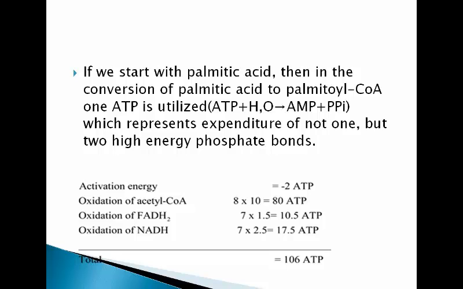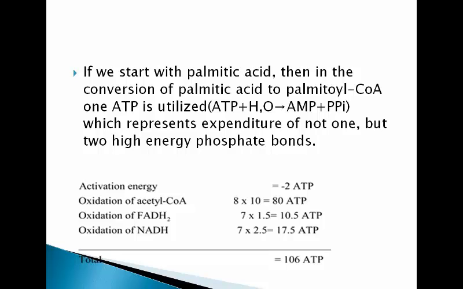So in this way, two high-energy phosphate bonds are utilized. So if we subtract the activation energy, that is 2 ATP, the net yield of ATP production with complete oxidation of 8 molecules of acetyl-CoA from palmitoyl-CoA is 106 ATP molecules.